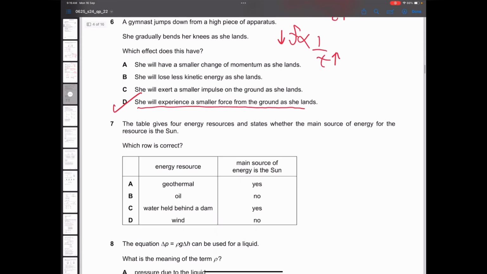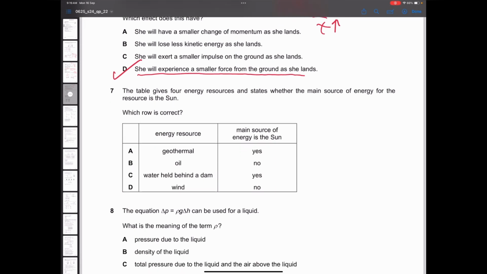Now, question number 7. The table gives 4 energy sources and states whether the main source of energy for the resource is the sun. Which row is correct? Geothermal, is the main source the sun? No. Oil, is the main source the sun?